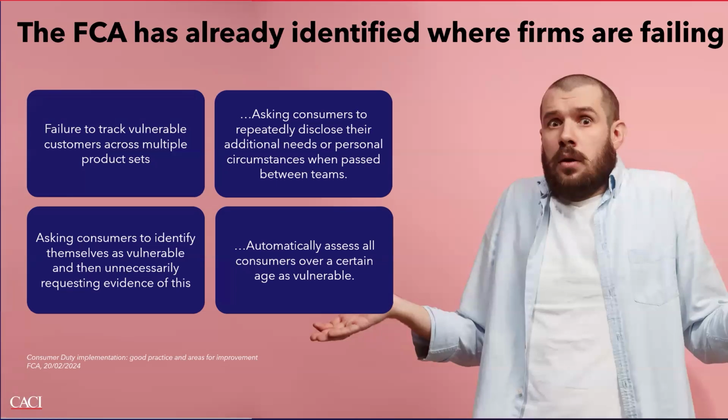The FCA has already identified where firms are failing, like these examples here. And they're currently looking at conducting a review into how firms are acting in order to understand and respond to the needs of customers in vulnerable circumstances. Now, they were due to share their findings by the end of this year, but that now is planned for Q1 of 2025. So we look forward to seeing that.